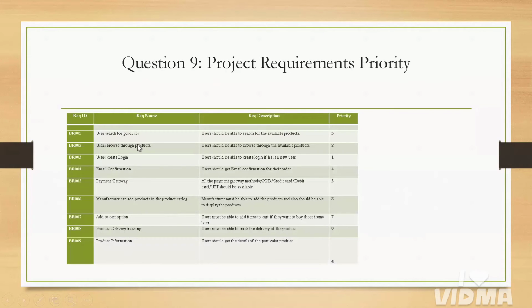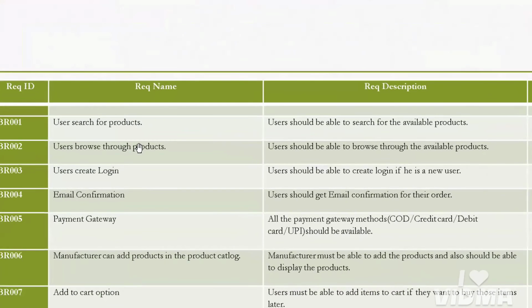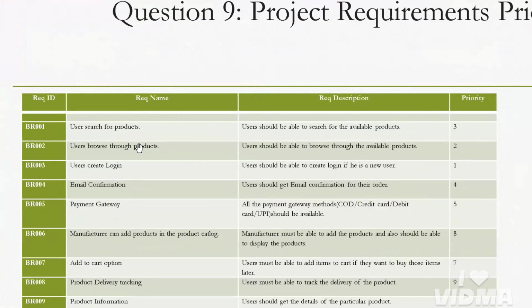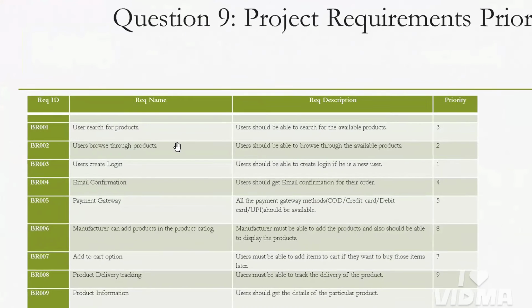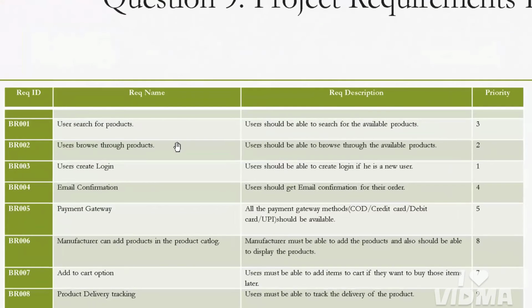And the ninth question is project requirements priority. Whatever requirements you have added, for those you can use this template. If you observe, it has requirement ID, requirement name, description of that requirement, and priority. So here is the business requirement ID and the requirement name.